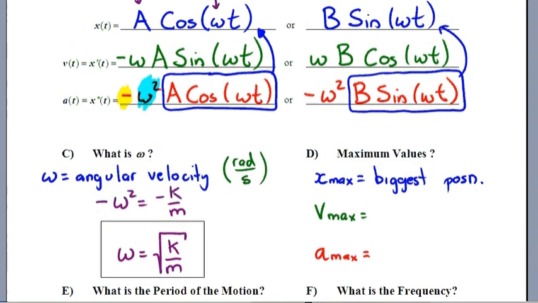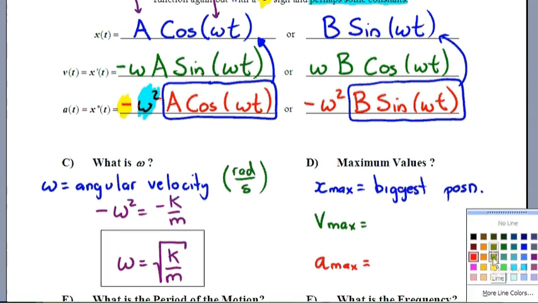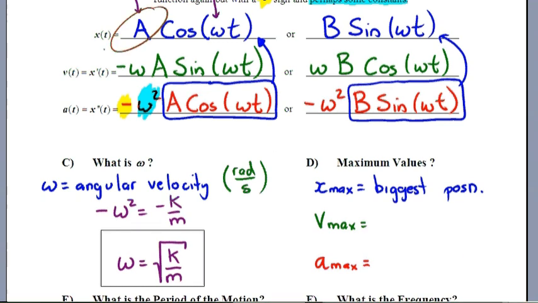These are super easy to find, and all you have to do is look up at the top of the page here, because if A is the number that's sitting out front here about the amplitude for your motion, then when you're looking at how big the amplitude is for the sine graph, it's actually the same thing that you put in that A, but now you've picked up an omega.